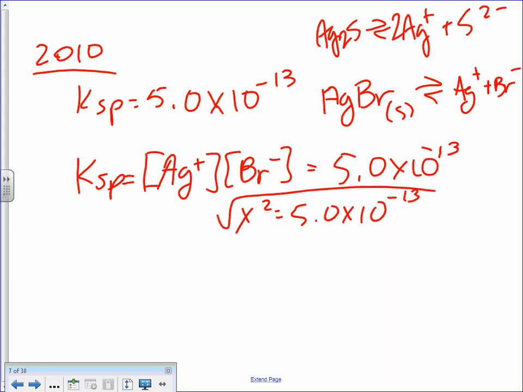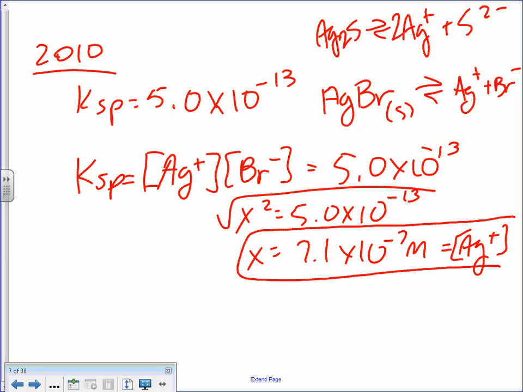So we square root. Square root of 5 is not 2.5. 7.1 times 10 to the negative 7th molar. And you're saying that's silver's concentration? Yes? Okay. Why did they tell you 50 milliliter sample?